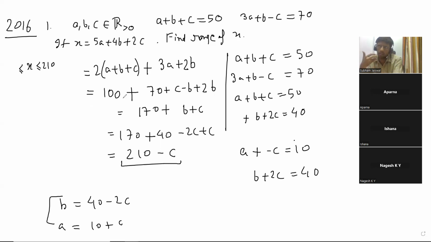So this is like we are looking for positive solutions. C is definitely less than 20. C is less than 20. Why? Because B is 40 minus 2C and it's positive.